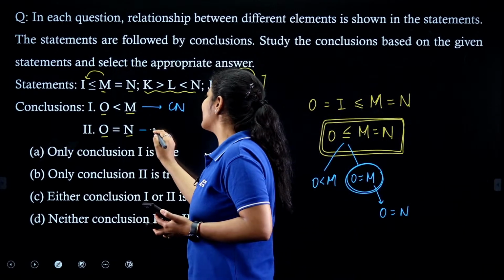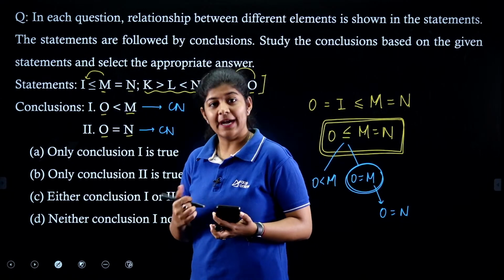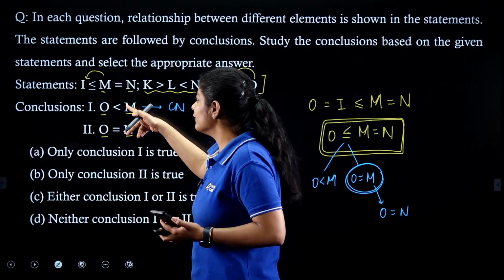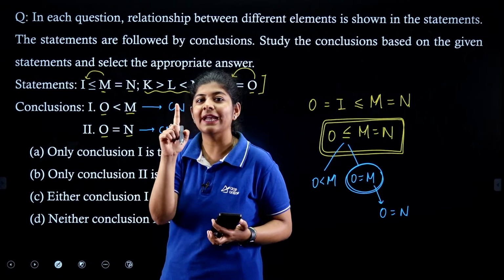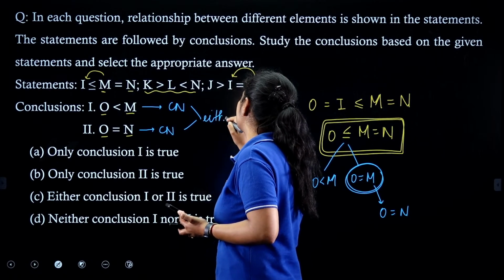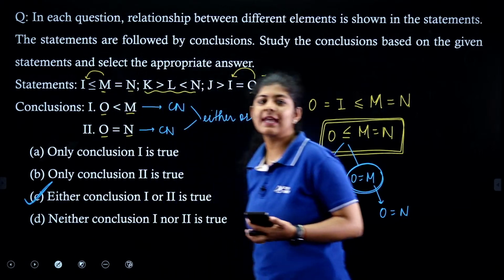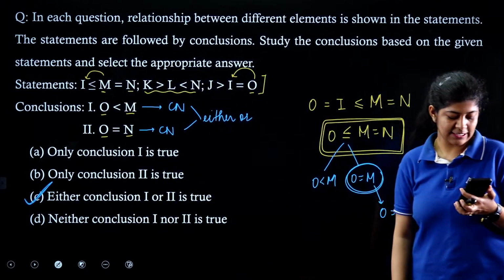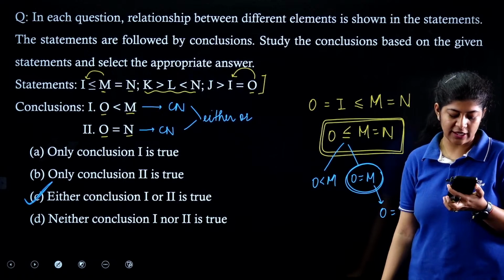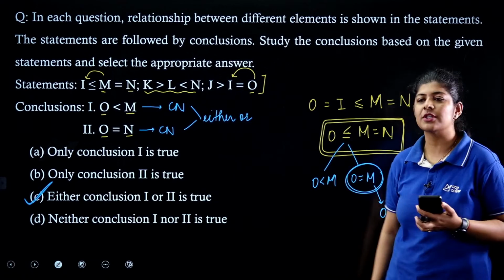So this is also in the category of can't say because we are not sure. But we can say that out of these two, only one will happen at a single time. So that's why we will put either or over here. Option number C is the correct one.